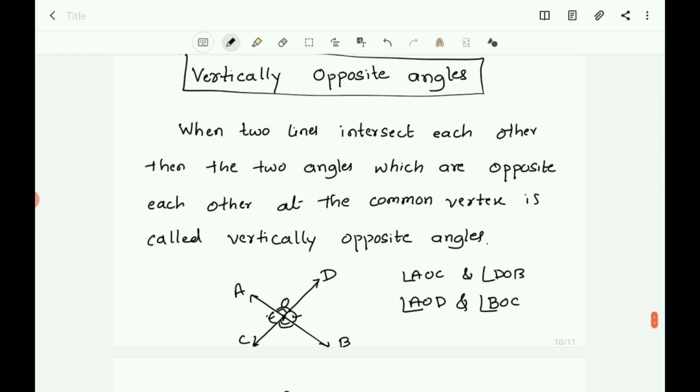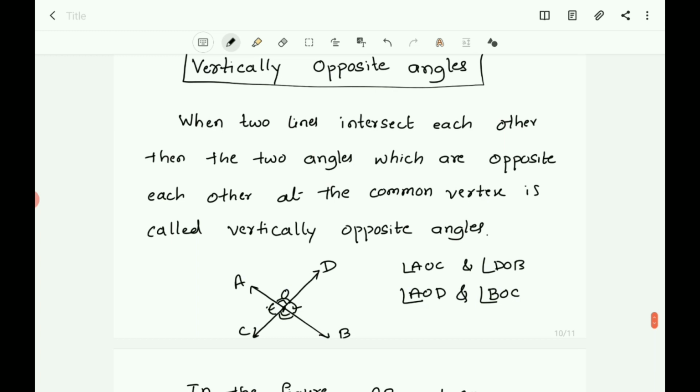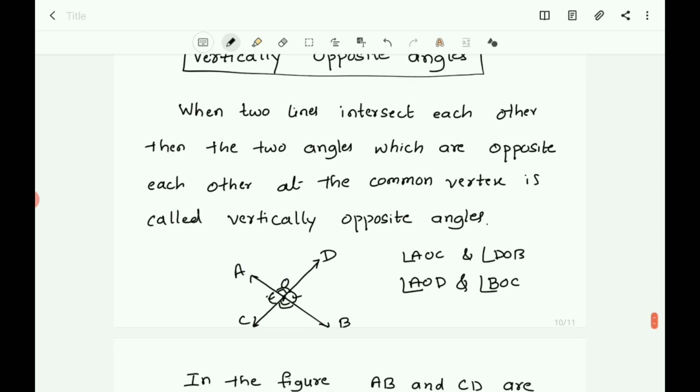So here what you can say, when two lines intersect each other, then the two angles which are opposite each other at the common vertex are called vertically opposite angles. To have vertically opposite angles, two lines must intersect at a point.